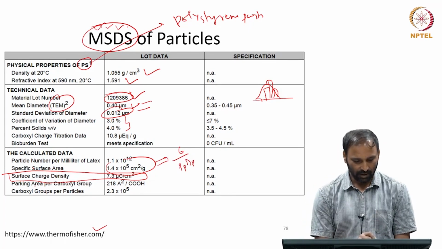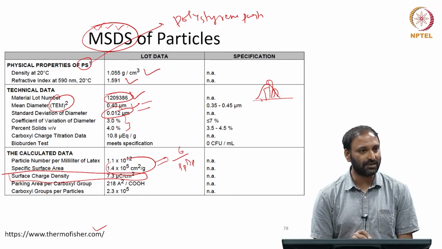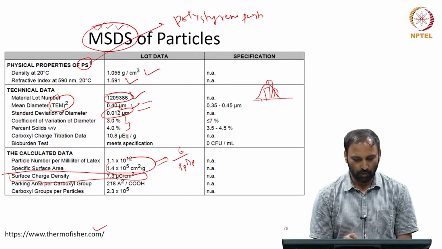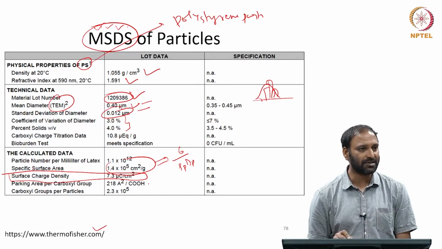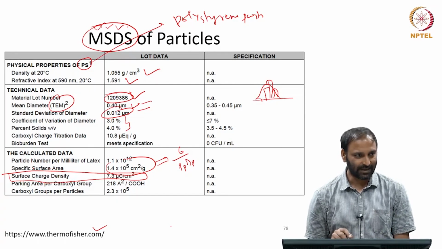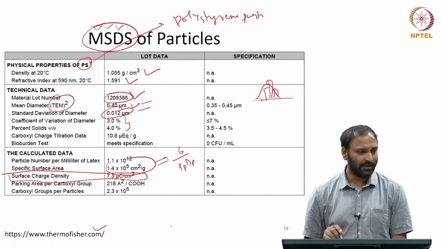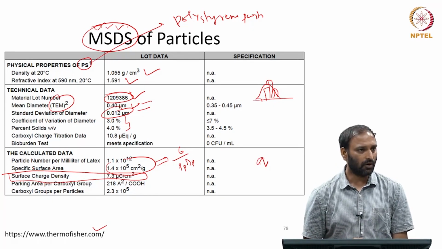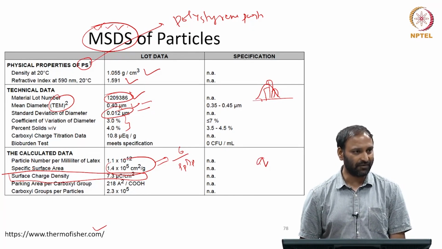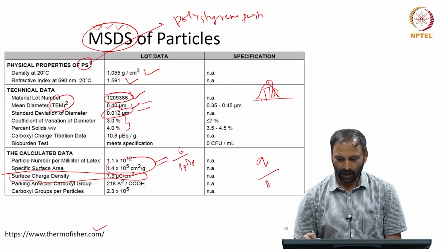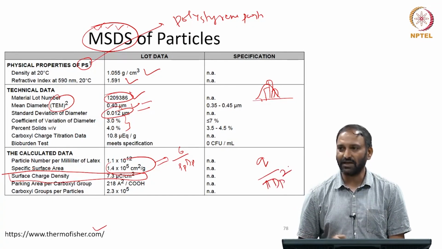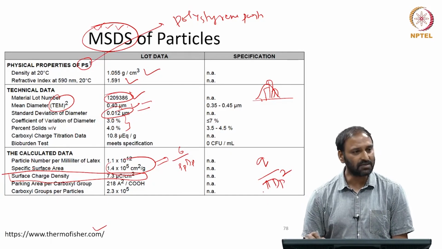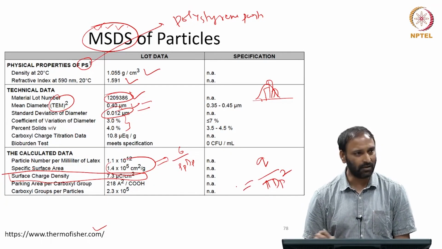And this is the surface charge density, 7.3 microcoulombs per centimeter square. The surface charge density is defined as the total charge q on the particle surface divided by again the surface area, which for a spherical particle is pi dp square. That is how it is obtained.